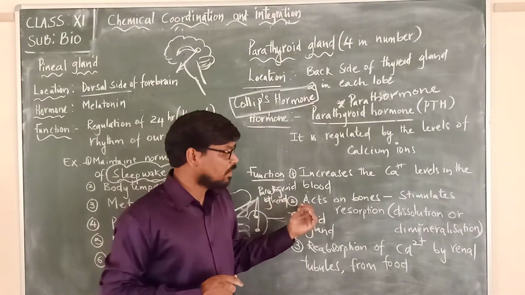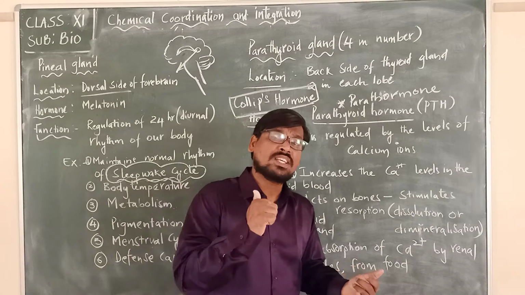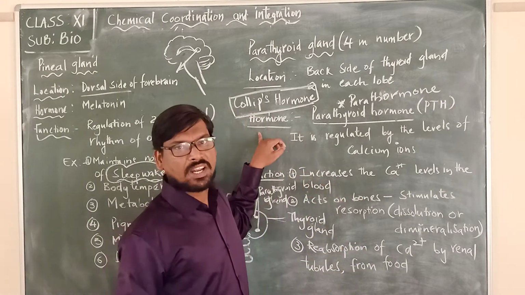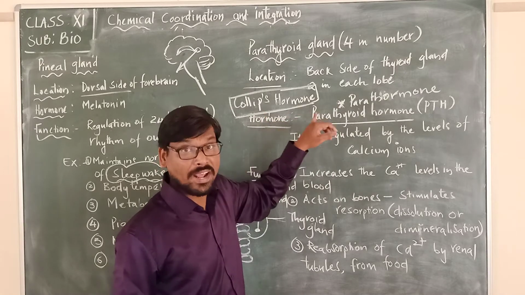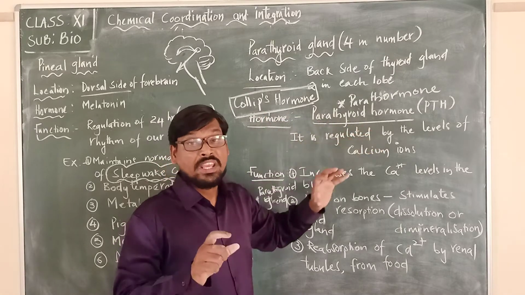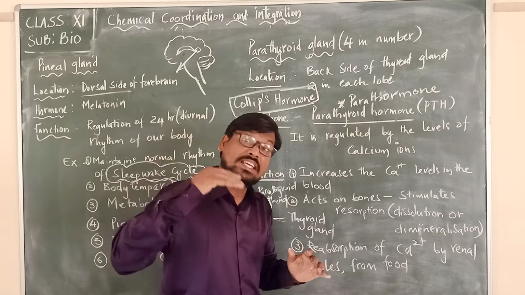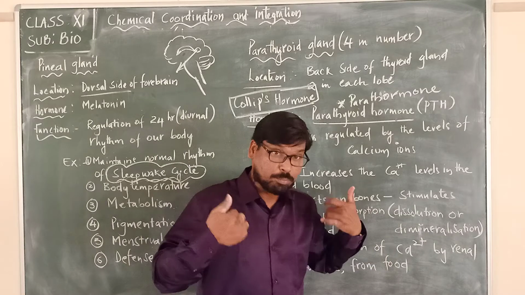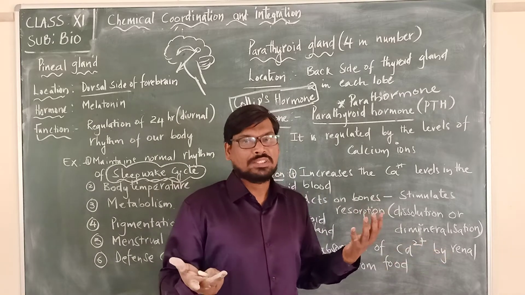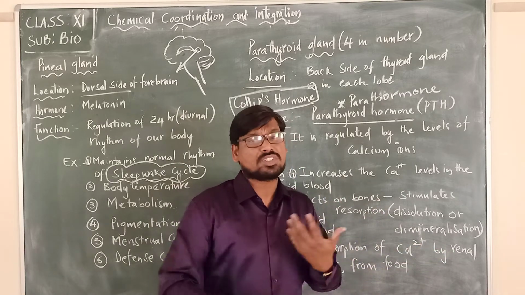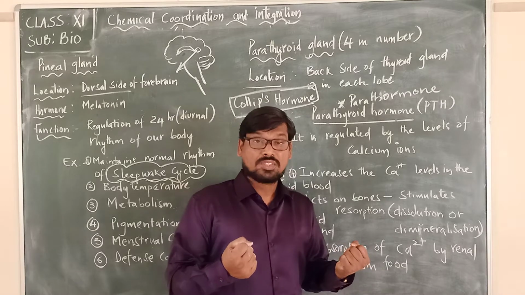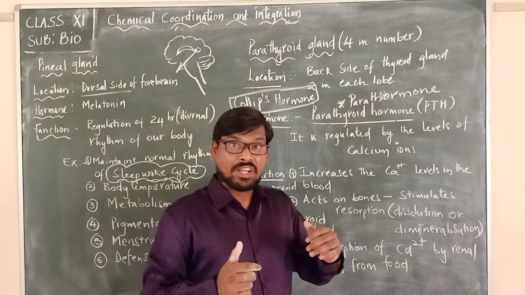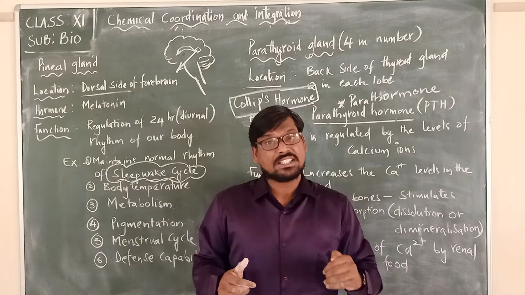Now the second one is that it acts on bones. How is it increasing the calcium levels in the body? This hormone, Collip's hormone, parathormone or parathyroid hormone, goes and acts on our bones. As we all know, calcium is very important for the formation of strong bones, so bones are rich in calcium.